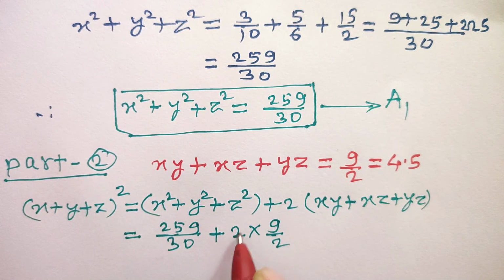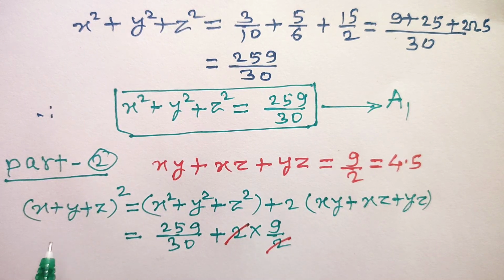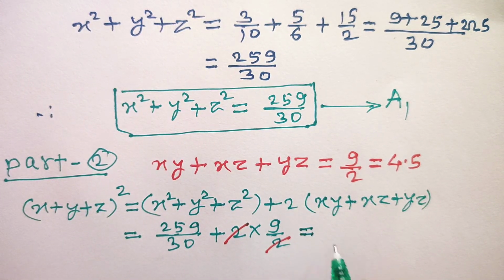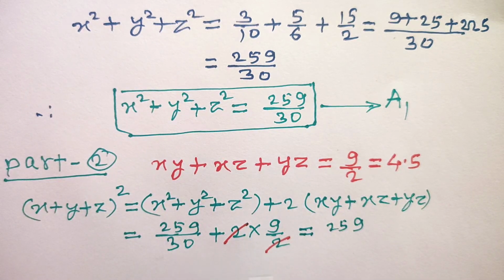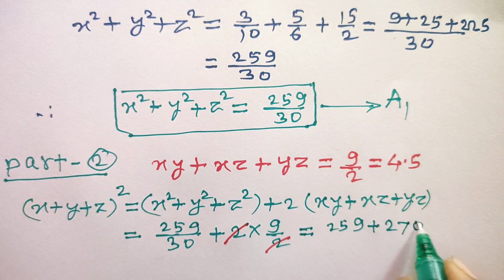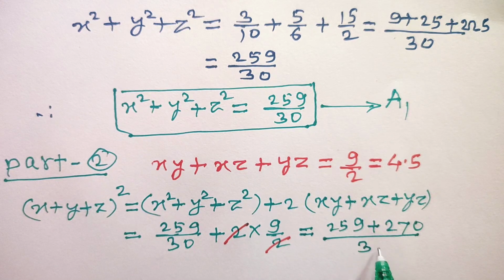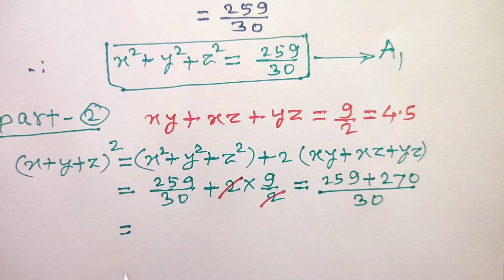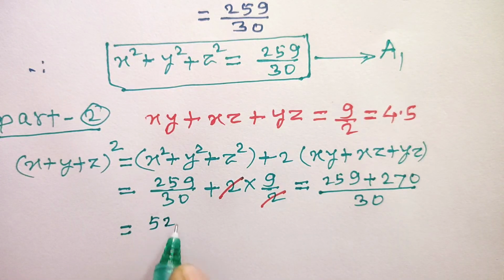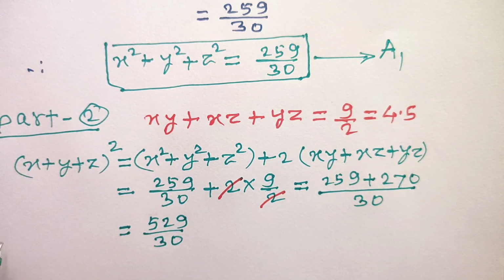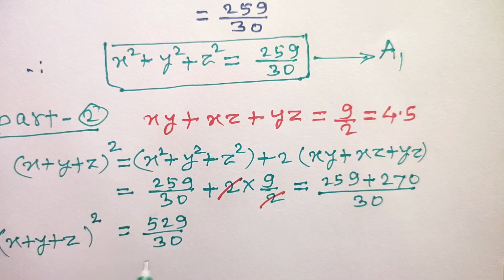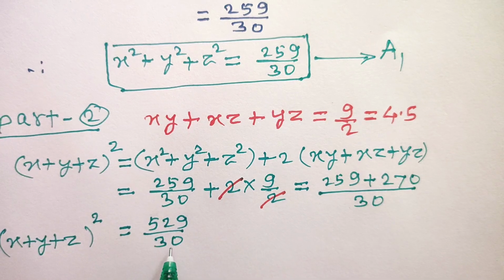Here this 2 cancels with this 2, hence this is equal to 259 plus 9 into 30, that is 270, divided by 30, which is equal to 529 divided by 30. That means x plus y plus z square of this is equal to 529 divided by 30.